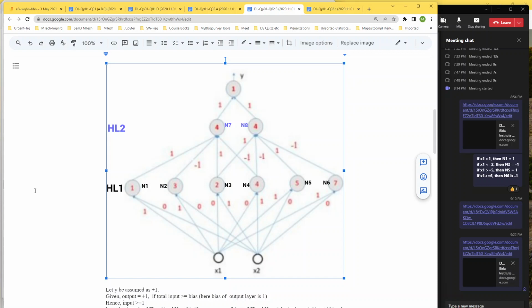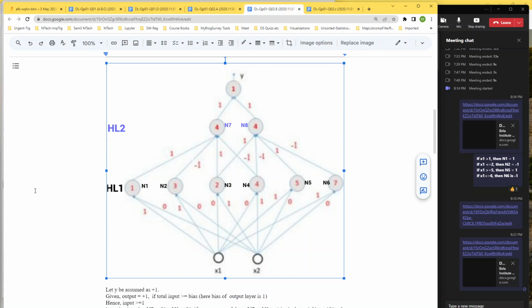Okay, so here we have to consider first output as +1. If the output is +1, then the total input should be greater than or equal to the bias.